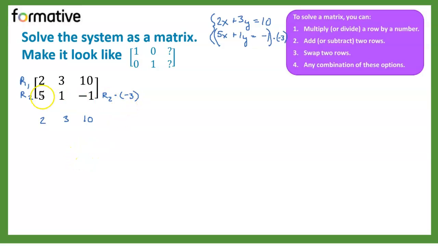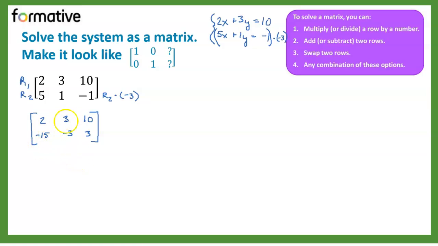And now we're going to multiply each one of these terms by negative 3. 5 times negative 3 is negative 15. 1 times negative 3 is negative 3. Negative 1 times negative 3 is positive 3.